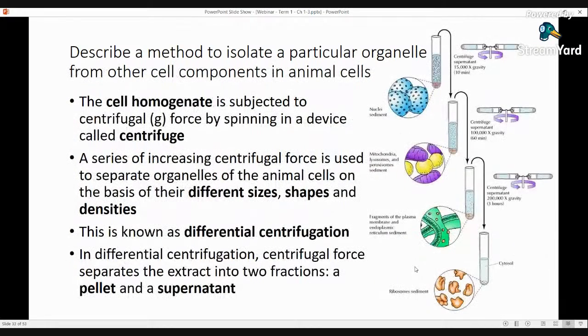Then the cell homogenate is subjected to centrifugal force, known as G force, by spinning in a device called a centrifuge.